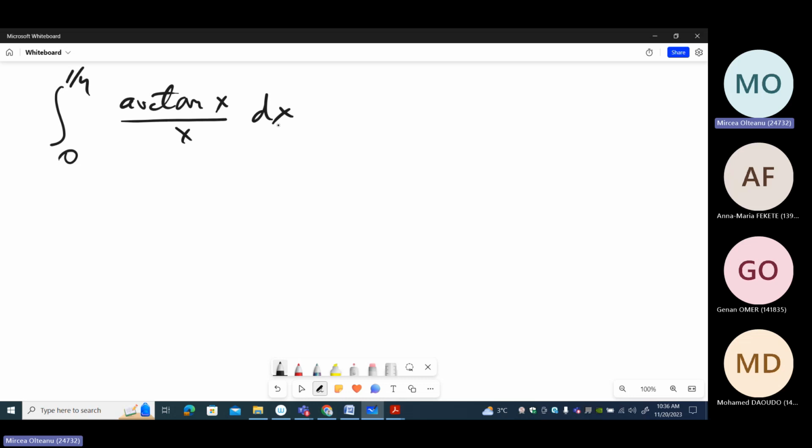Okay, so the idea here is to replace the arctangent with its power series. Actually, the idea behind the power series is that we can work with power series as we work with polynomials.